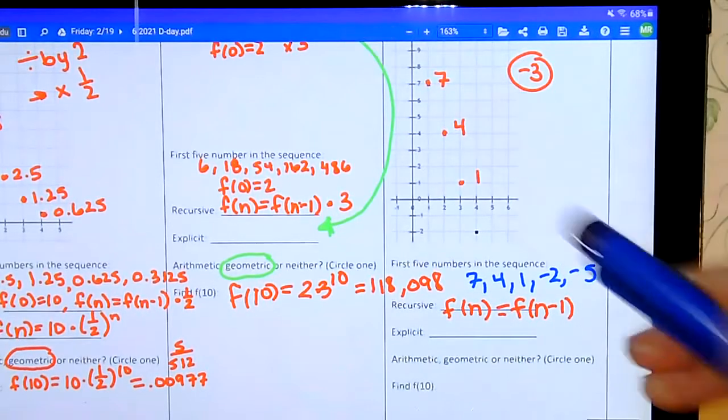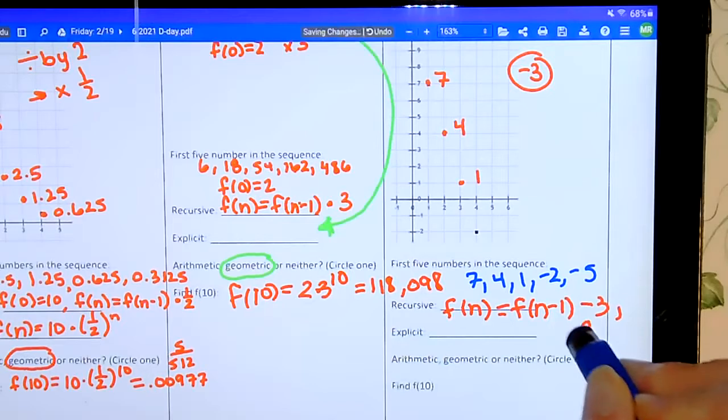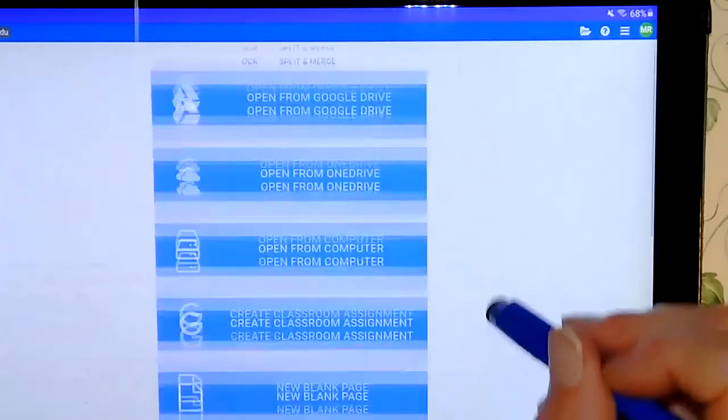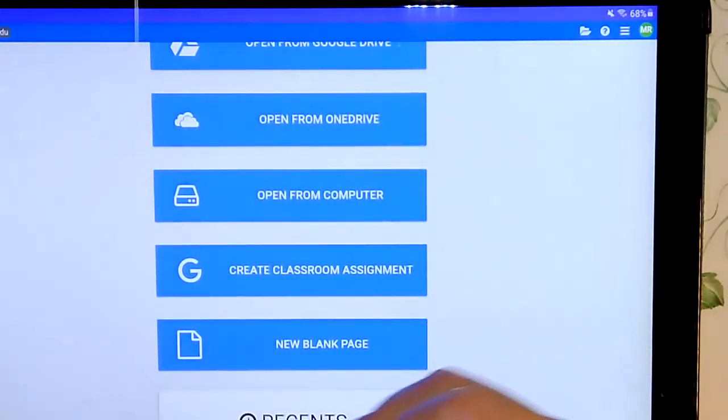And what I'm doing in here is I am minusing 3. And I also need to write, and I will write it over here since I'm kind of scrunching this in, f of 0 is 10, or I can write f of 1 is 7.